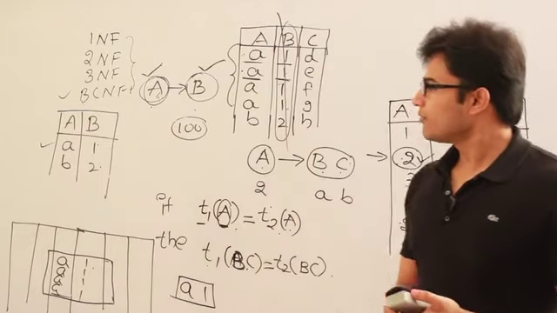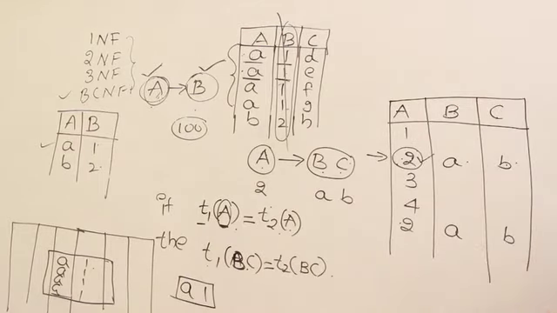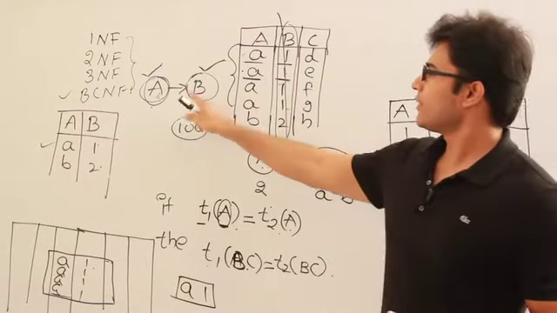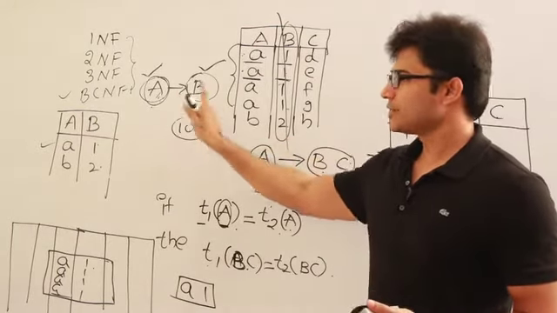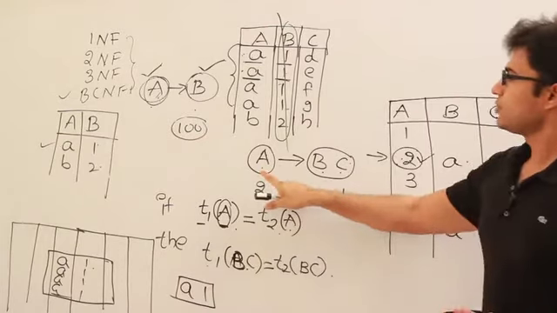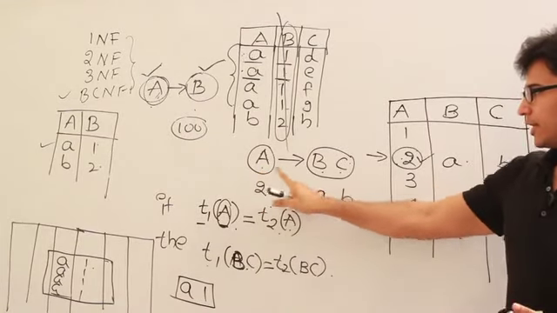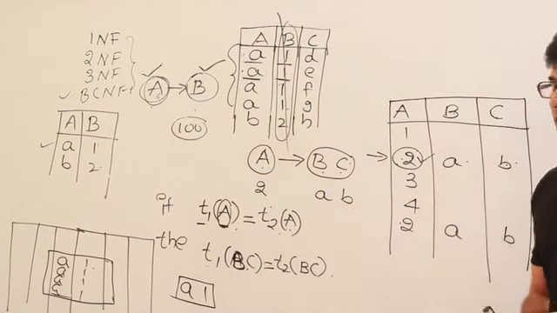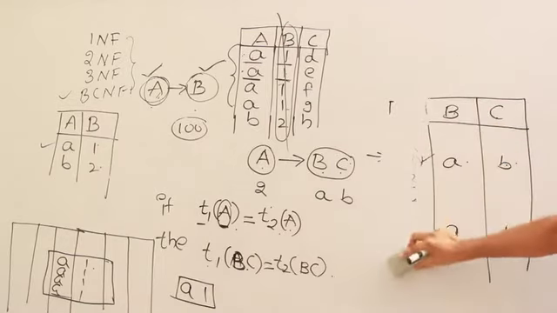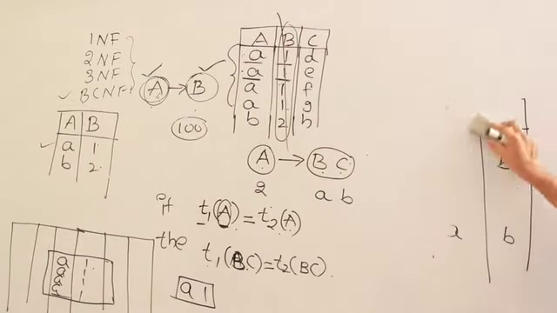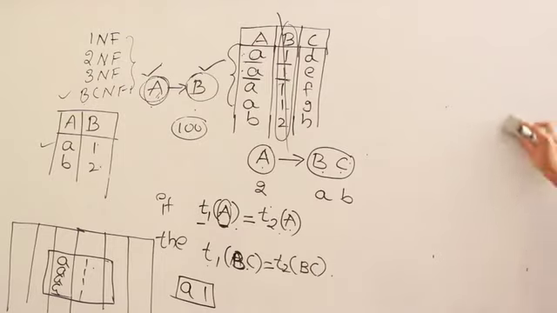So there are various types of functional dependencies. Here I have shown you one example where the left hand side is one attribute and the right hand side is one attribute. Here you have seen the left hand side is one attribute and the right hand side is two attributes, right? So the left hand side can be any subset of attributes and the right hand side can be any subset of attributes.